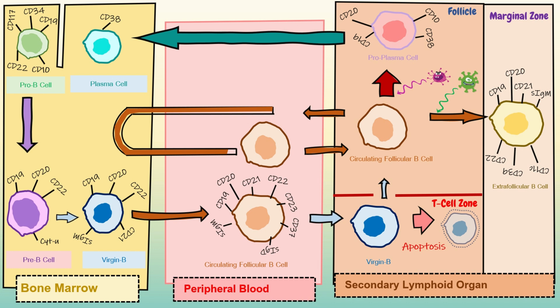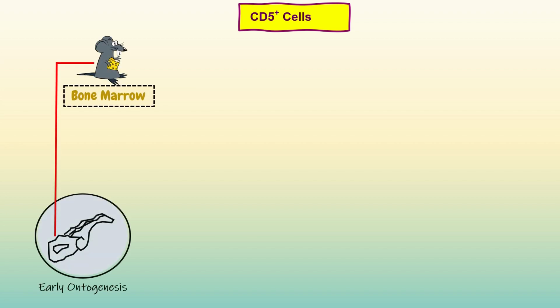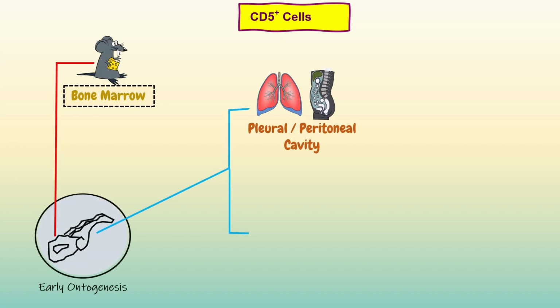Now, a small fraction of B cells is distinguished by the expression of T-cell associated differentiation antigen, called CD5+. These B cells are believed to belong to a subpopulation that diverges from normal B cell line early on in the course of ontogenesis and colonizes the peritoneal and pleural cavities.